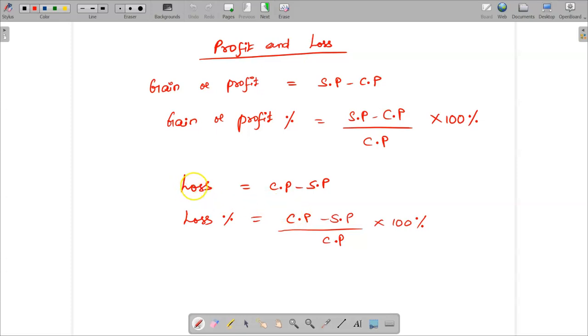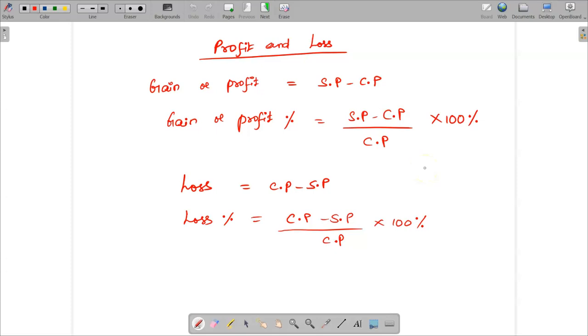Similarly, we get a loss if our cost price is higher when compared to the selling price, so we use the loss formula as cost price minus selling price. In both formulas, the denominator for gain percentage or loss percentage is cost price. Why?